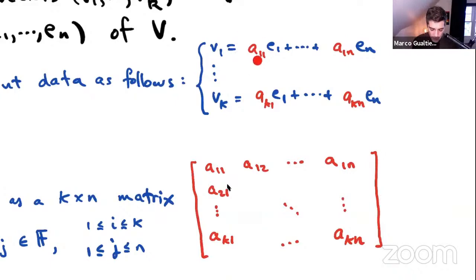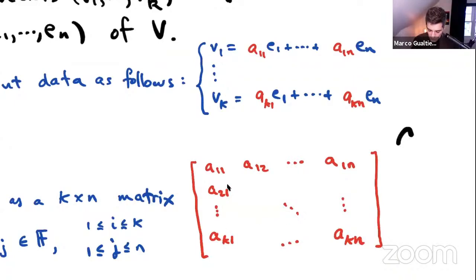The first number labels which vector it is that I'm expanding. Since this is the first vector, every number here has a 1 in front: 11, 12, 13. That's the first row. So the number 1 indicates the first row. The number 2 here indicates the second row, and so on.